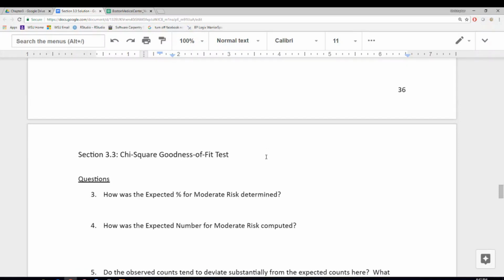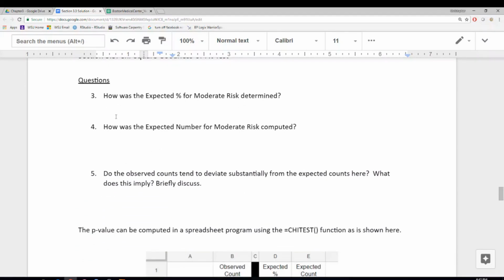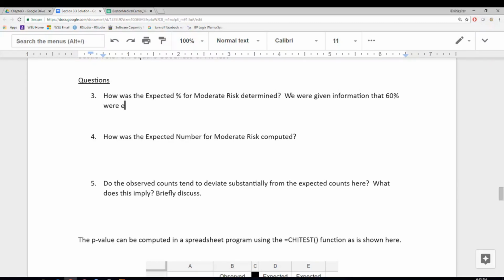Let's go ahead and just answer these questions quickly. So how was the expected percent for moderate risk determined? Well, we were given information that 60% were evenly divided between the moderate and great risk categories.